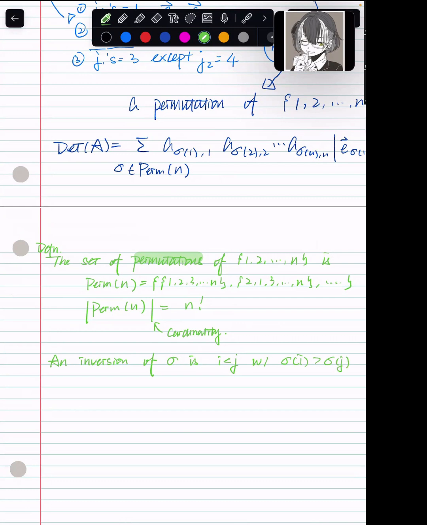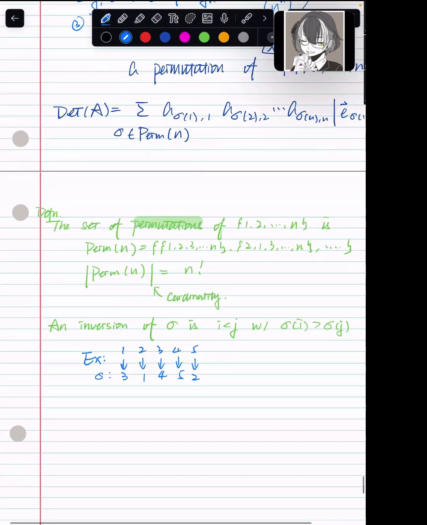Okay, so sigma is one element from the permutation group. So for example, if we have a set 1, 2, 3, 4, 5, 6, and one of the sigma is 1 maps to 3, 2 maps to 1, 3 maps to 4, 4 maps to 5. Let's ignore the 6. 5 maps to 2. All right, so this is my sigma.